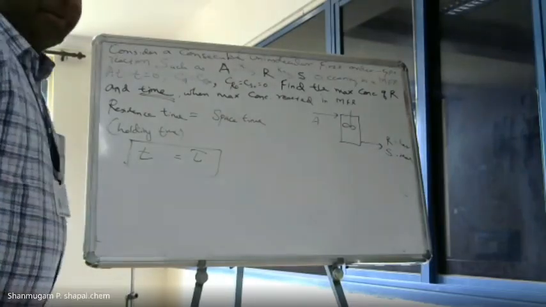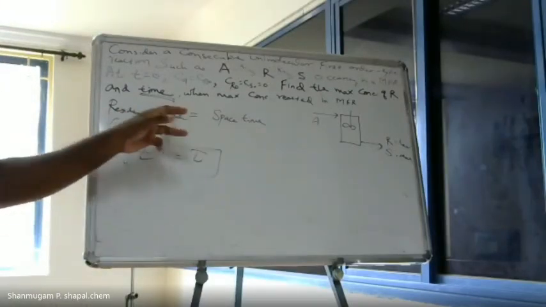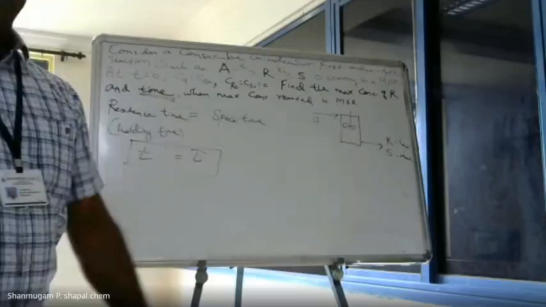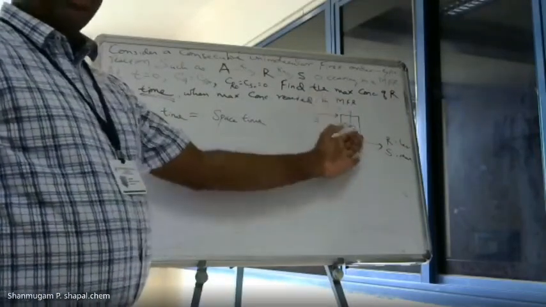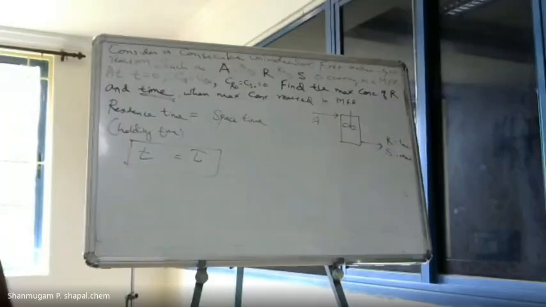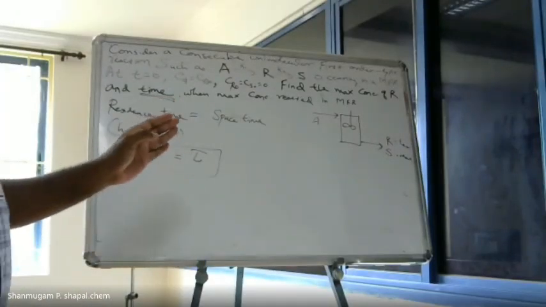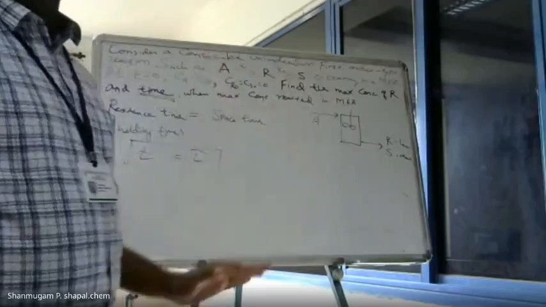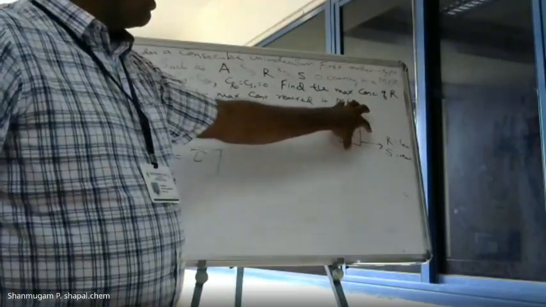Okay, now we again come into this picture, and the space time and the residence time in the mixed flow reactor are the same here, because we consider this as an ideal mixed flow reactor. That means there is no stagnancy, no purging, and no bypassing here. So in this case we consider it as an ideal reactor.